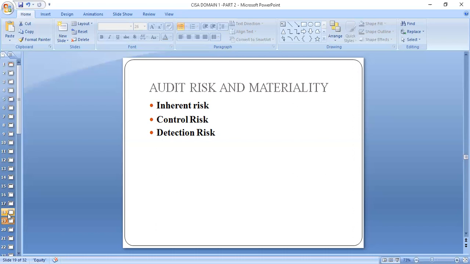The second risk is the control risk. The control risk is the risk that the controls put in place by management will fail or might fail. So you have security guards that went to sleep when burglars came and stole the company properties, right? Or the CCTV did not record for one reason or the other during the period that an incident occurred.